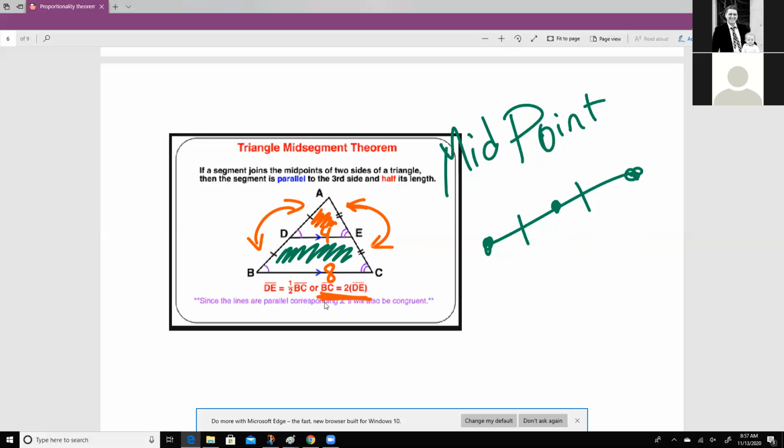Or let's say I told you that DE was 5, then you'd know BC was 10. So not only does it cut the other 2 sides in half, it is half of the side that it is parallel to. Let's work an example.